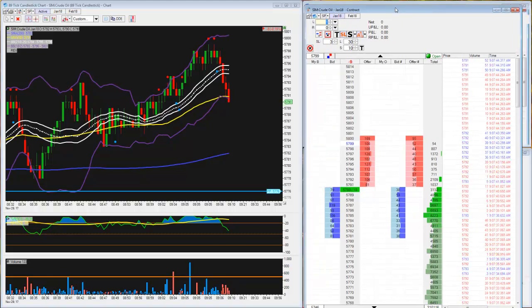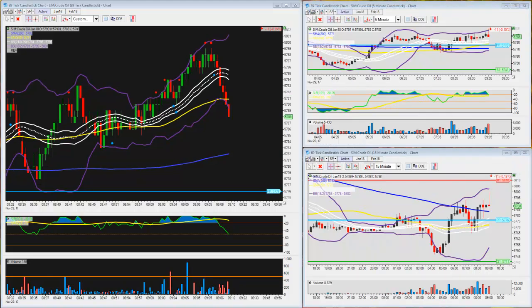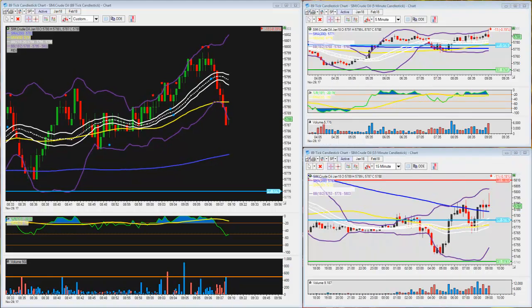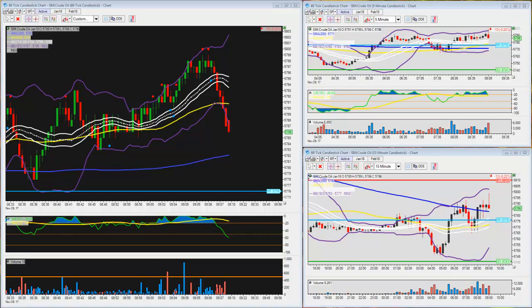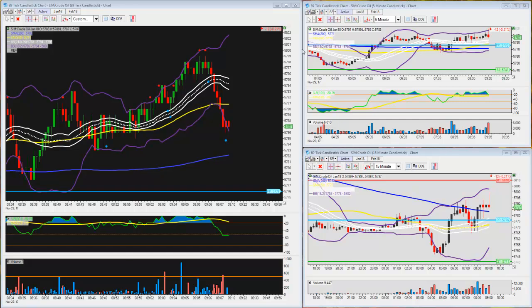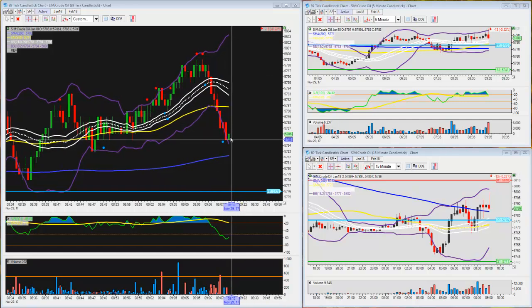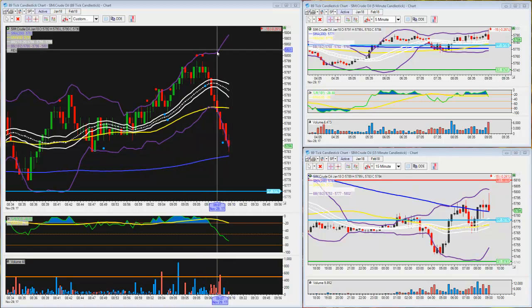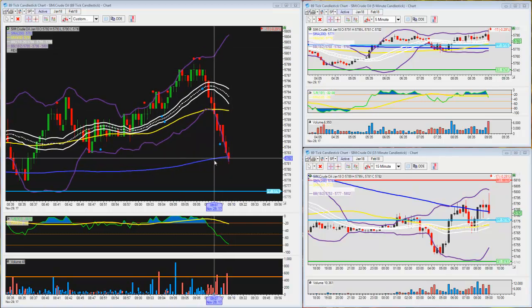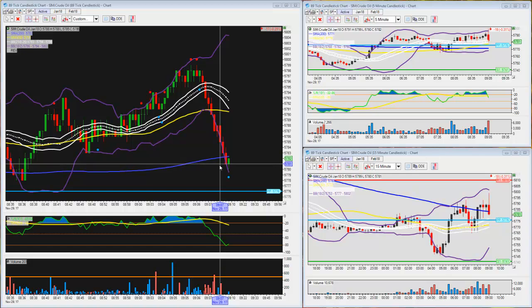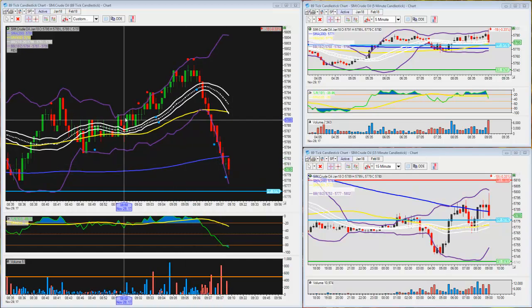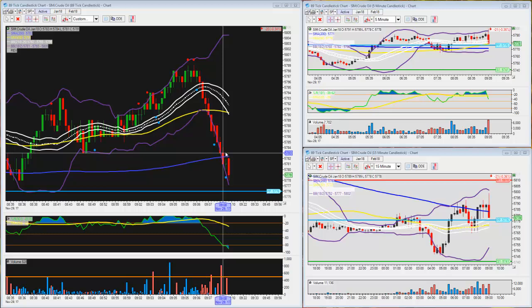So let me move this off the screen. Now, with me being qualified for funded, I can't push any buttons here, and I won't be able to take on any trade. But I want to go over today, being Wednesday, the inventory trade that I like to put on Wednesday.